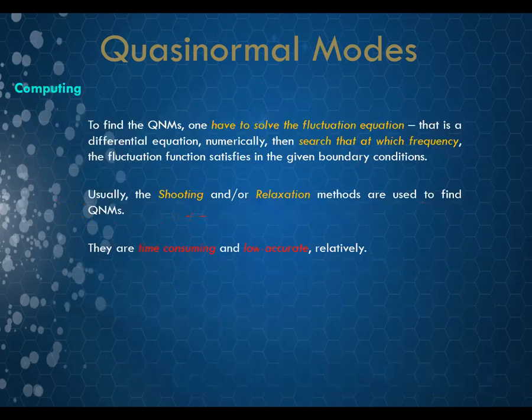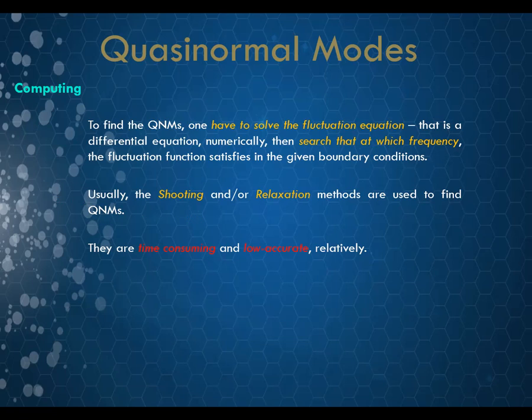And to compute the quasi-normal frequencies, we usually use the shooting method and relaxation method to solve the fluctuation equation numerically, and search for the frequencies at which the fluctuation equation satisfies the boundary condition.